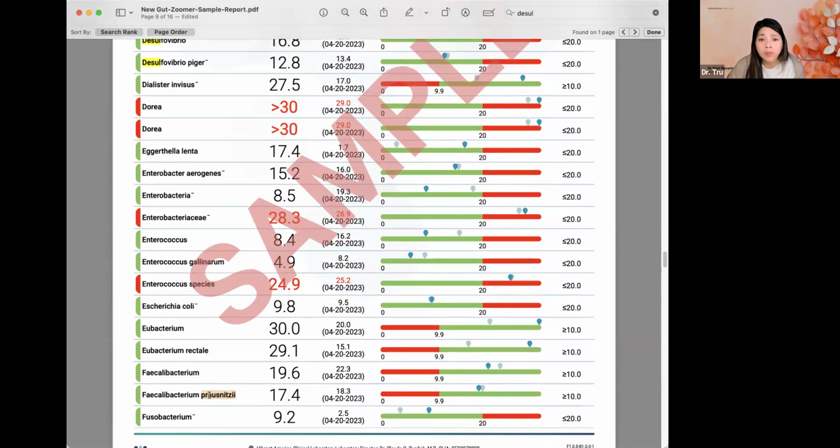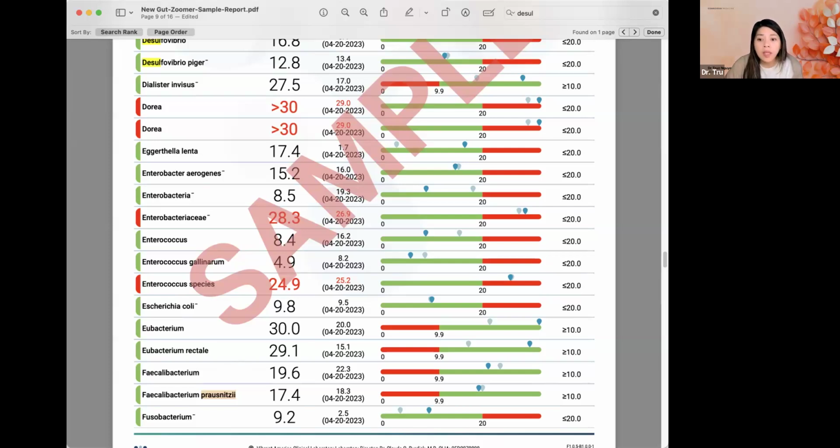And even in my own practice, I definitely see the correlation between having a high level of Faecalibacterium prausnitzii and Akkermansia, reducing the amount of inflammation that I see in my patients. And those people usually have less clinical symptoms and they can recover a lot faster and better.